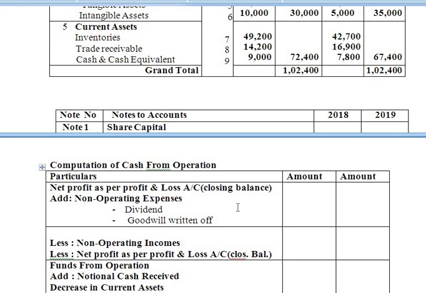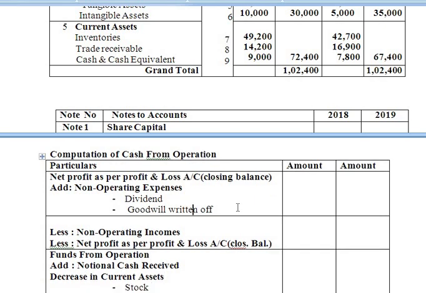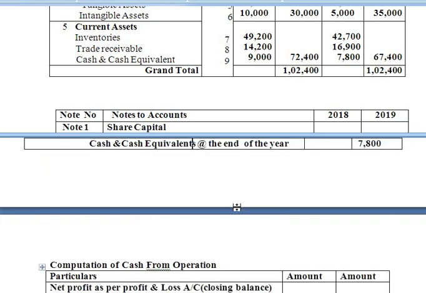We can find out, as I said, cash flow statement as per alternative method. So that is as per traditional method. Okay. So here we will calculate as per traditional method.